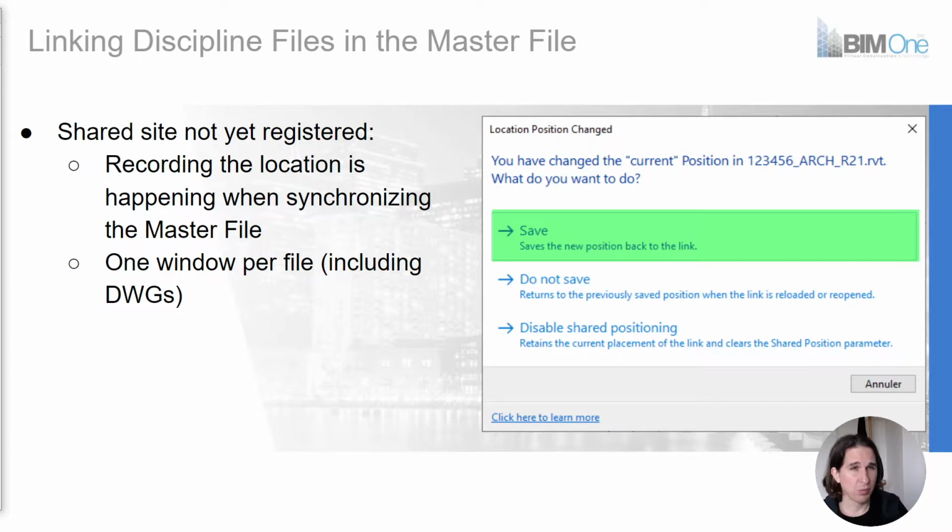So if someone were to take ownership by changing the project information in that file just before what you're doing, without releasing this work set, you will not be able to modify the shared location. So it's therefore better to carry out this manipulation off hours, or to take ownership of the project information work set temporarily in the discipline file beforehand.